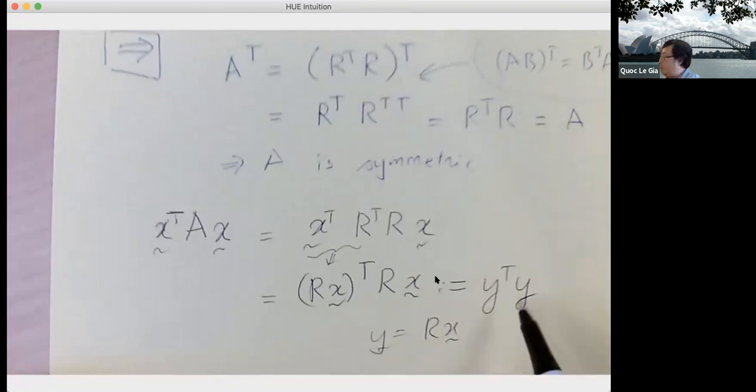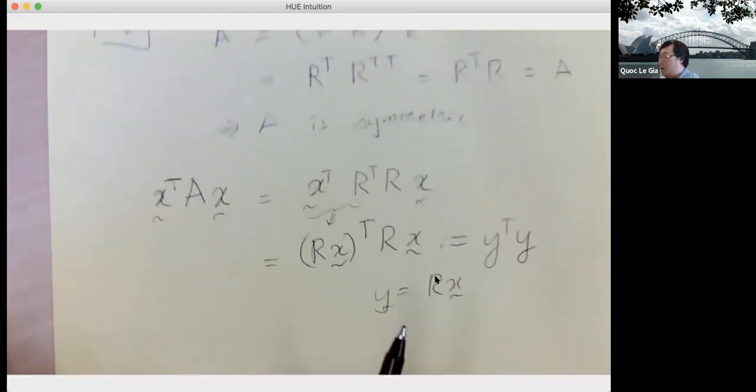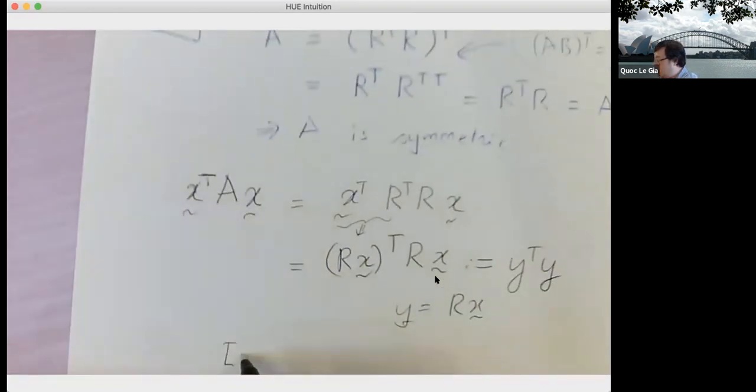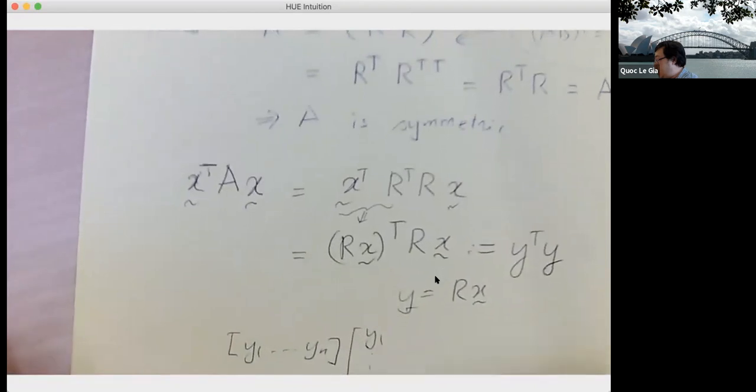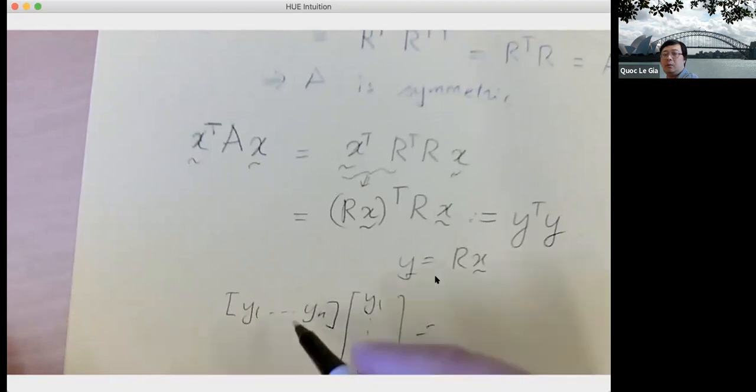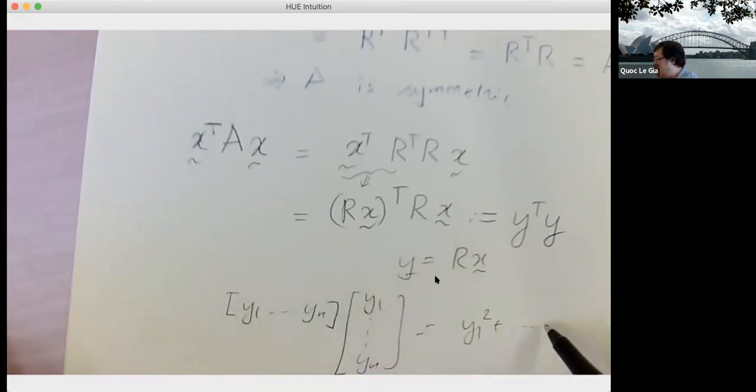And if you remember, y transpose is y1 up to yn, times y1 up to yn. When you sum up, it becomes y1 squared plus y2 squared up to yn squared.